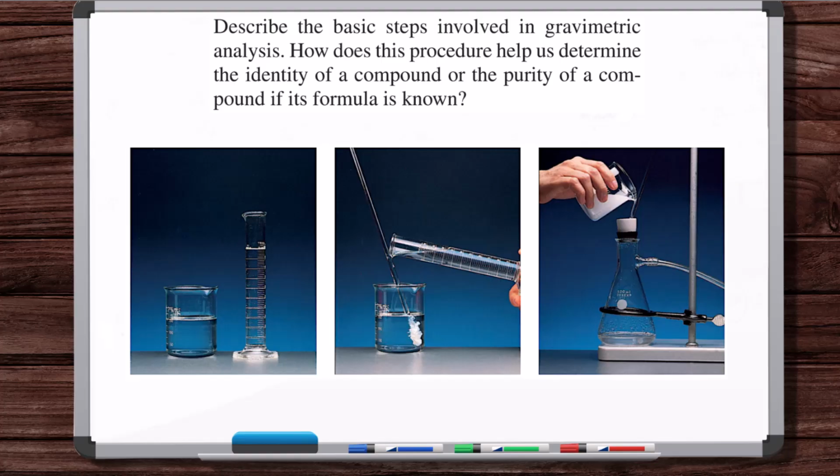Now, you might be wondering, aren't we going to be tracking the total volume of this other solution, this cylinder solution that was added? I thought the only quantity that needed to be measured in a general gravimetric analysis is mass.